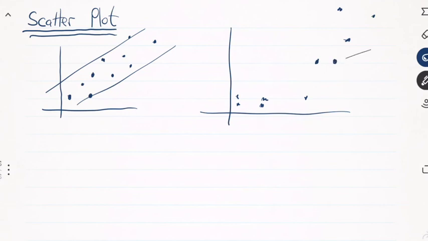So if we tried to contain them within two lines, we're not containing a lot of these points. But if we contain them within two curves, exponential graphs always have this curve to it, then we would say that the model that we would want to fit to it is an exponential model.